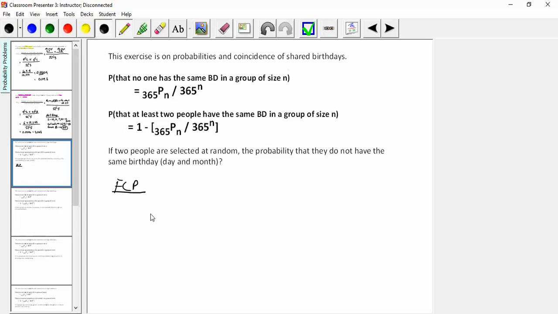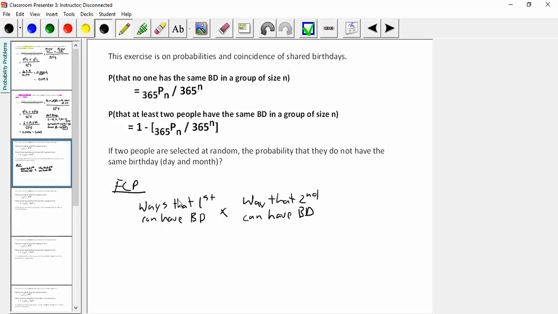What we want to do is determine the number of ways that the first person can have a birthday, and we'll multiply that by the number of ways that the second person can have a birthday.